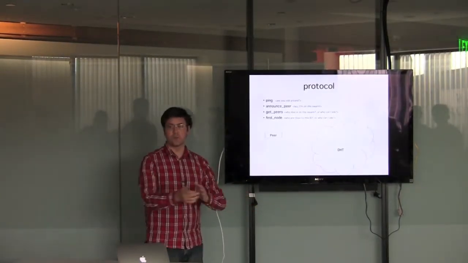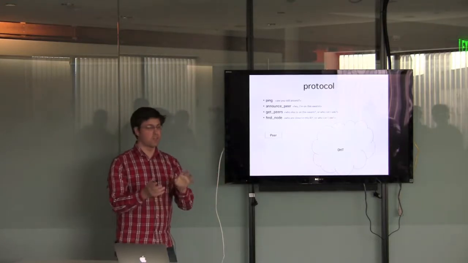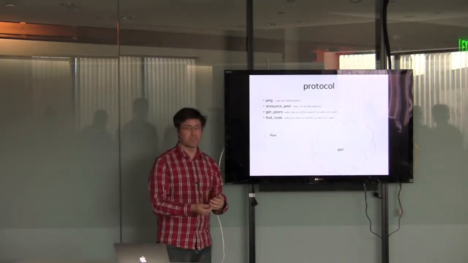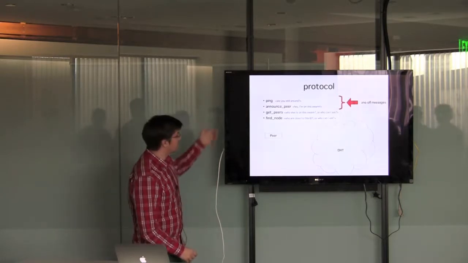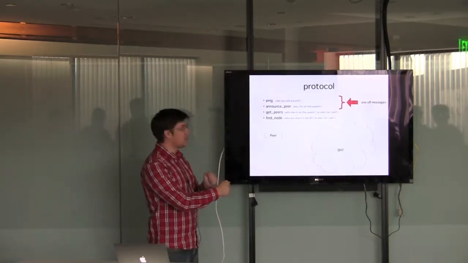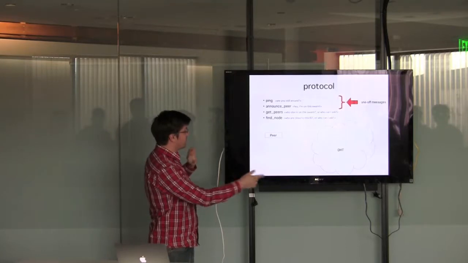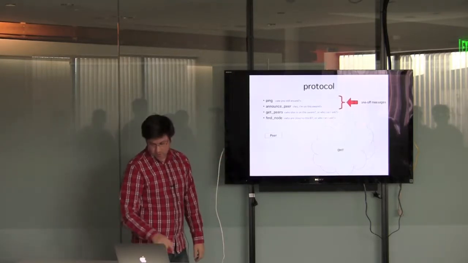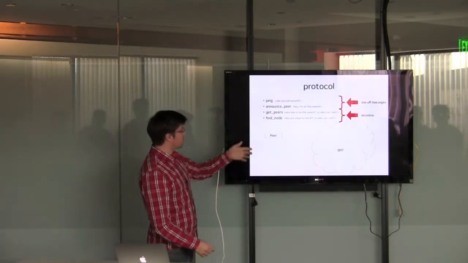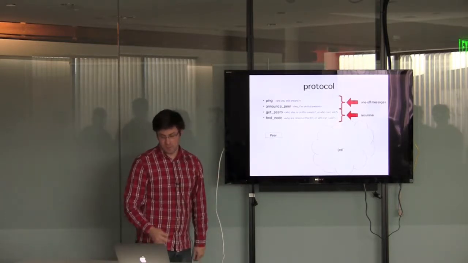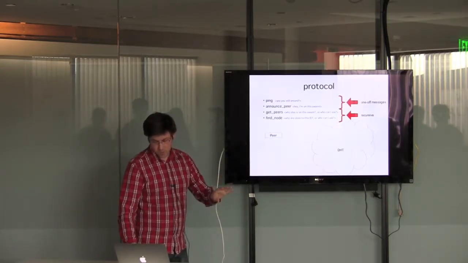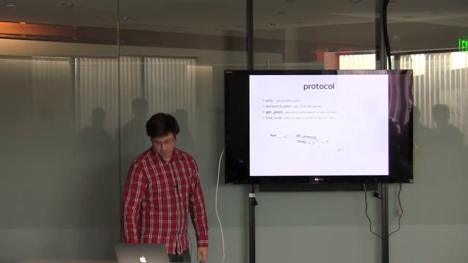Who can I ask? Give me some nodes that are closer to this that I might be able to ask again. So the division is essentially these are one-off messages that you just get one response back, and the other 2 are recursive. So they typically mean that you have to do these repeatedly in order to complete your traversal.